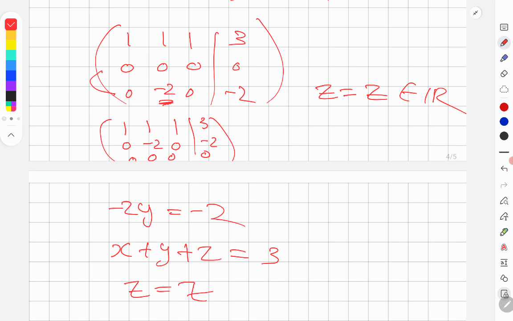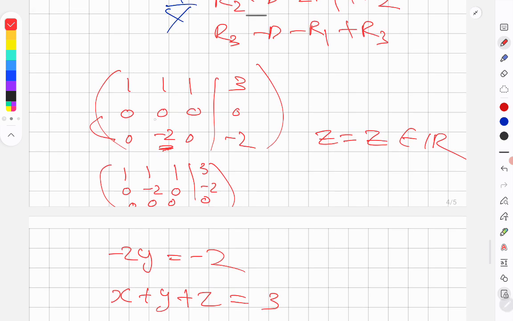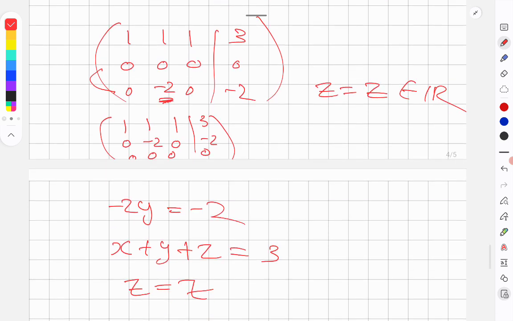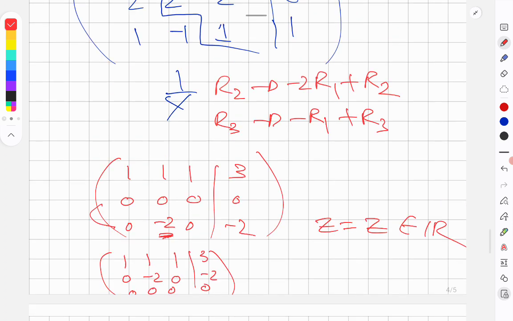So it's not about the order, it's about the position of the elements. Even if I write the equation from here as well, I will get the similar result. So here we have y equal to 1.